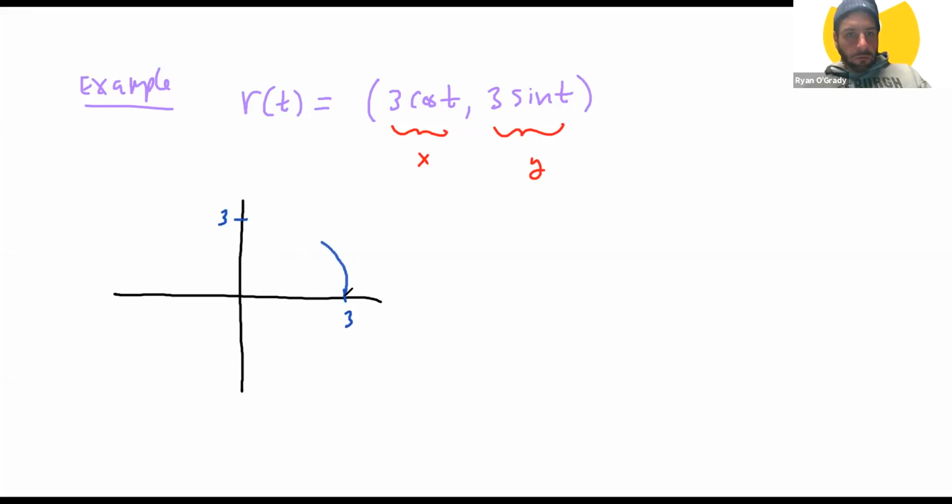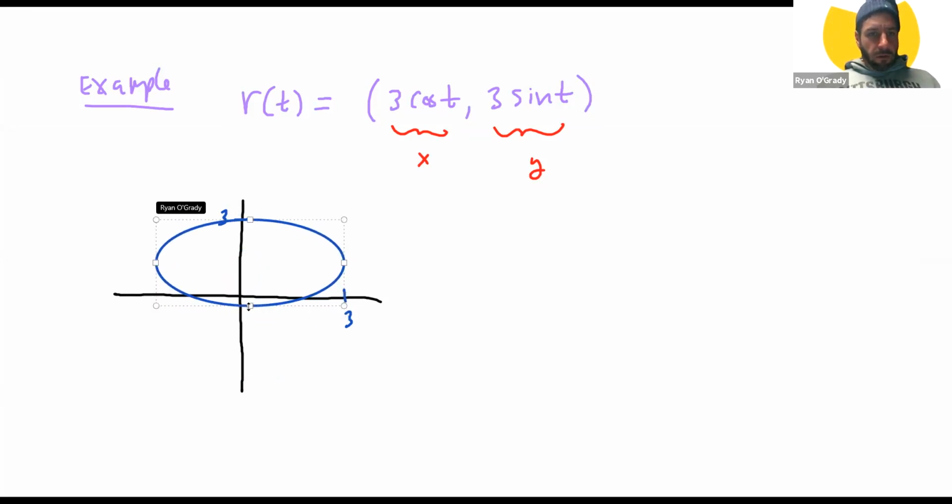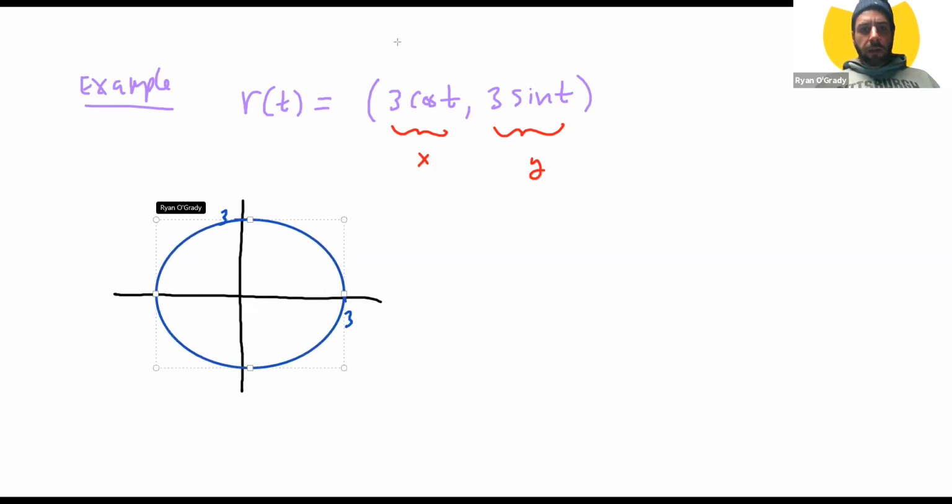So it's a bad circle. What I should do is delete that and use the built-in circle thing. So this is a circle of radius 3. And again, why is that the case? Why is it a circle of radius 3?